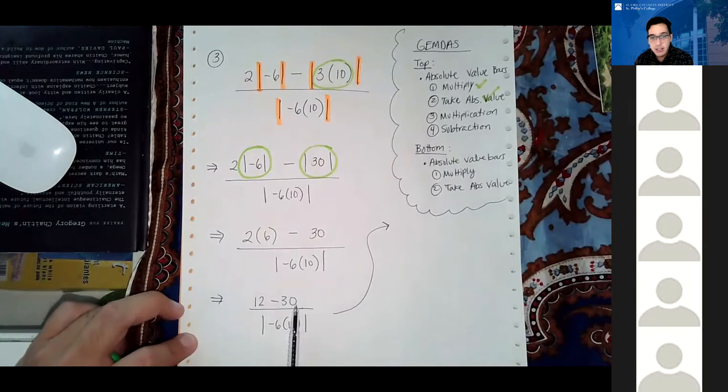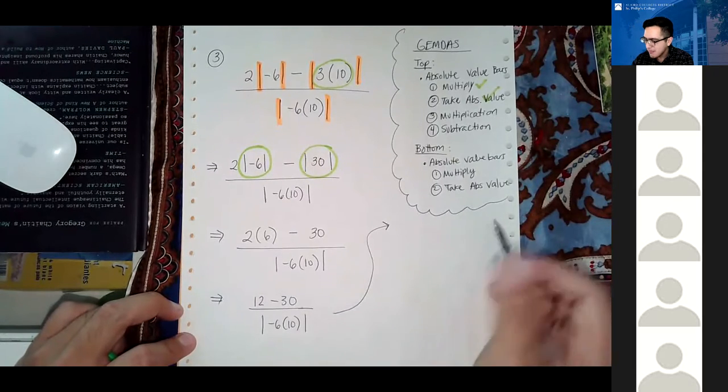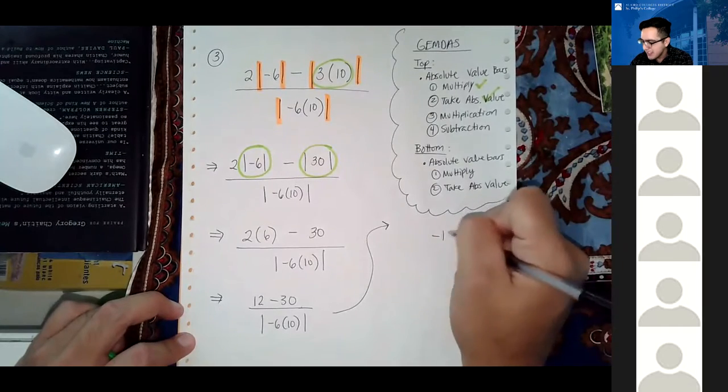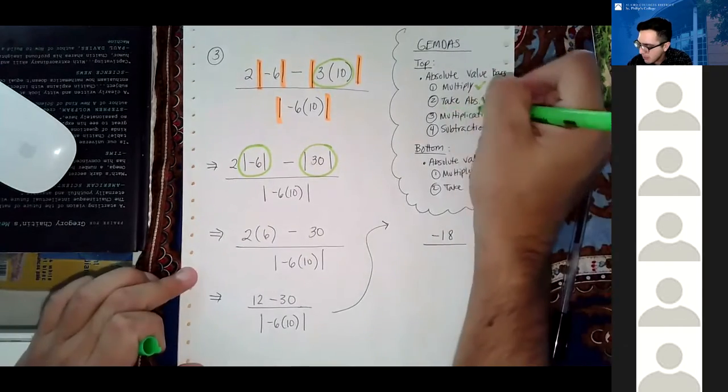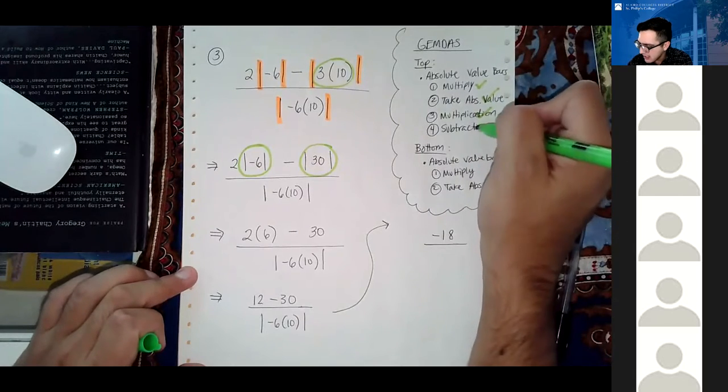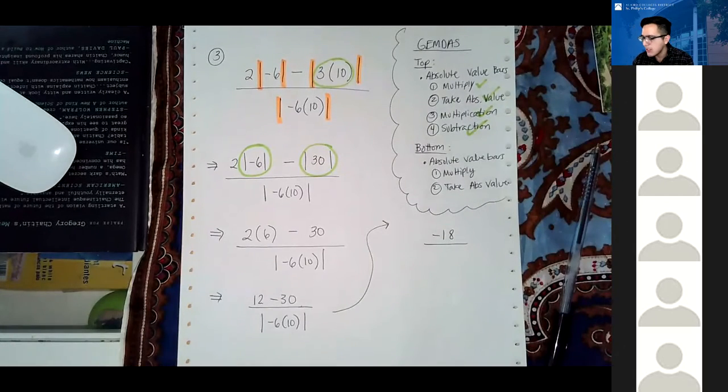Take the 12 minus the 30. So 12 minus 30. What is that, 18? Negative 18? Yes. Cool. Negative 18 is remaining on top. So we've done that multiplication and we did the subtraction.